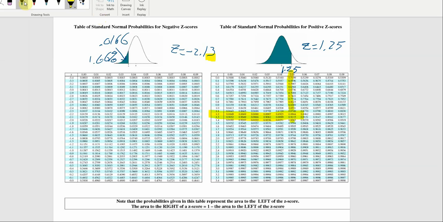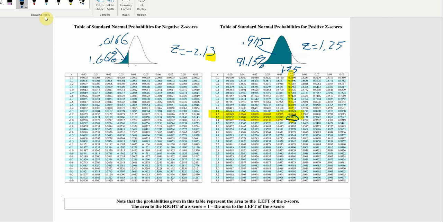So 1.25 has an area of, right here, 0.9115. 91.15% of the population has a z-score less than 1.25.